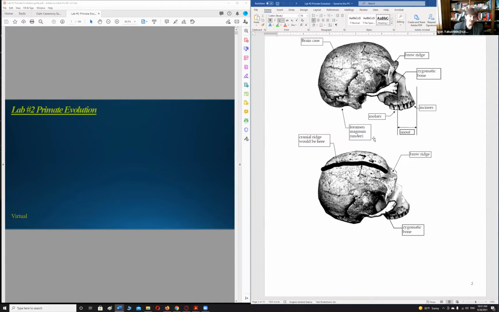And finally, again, 5 features: sagittal crest, zygomatic bone, brow ridge, snout, and the final one right here, the hole right there, known as the foramen magnum. Foramen literally means hole from the Latin, and magnum means large. A large hole.